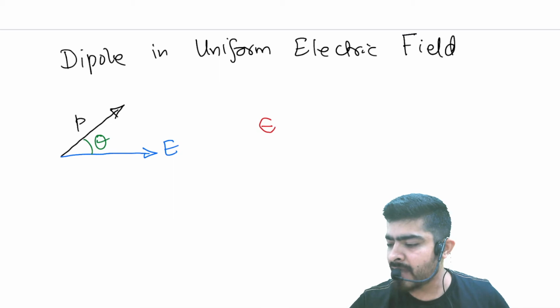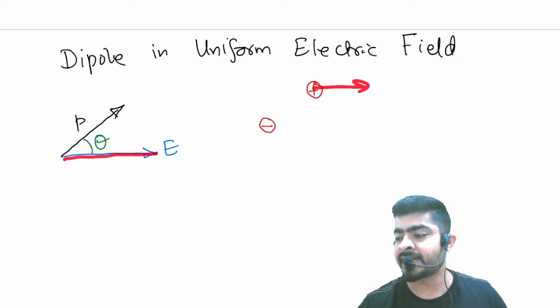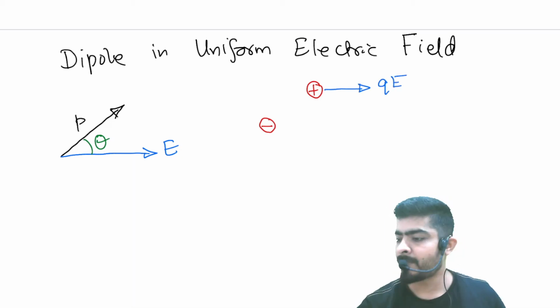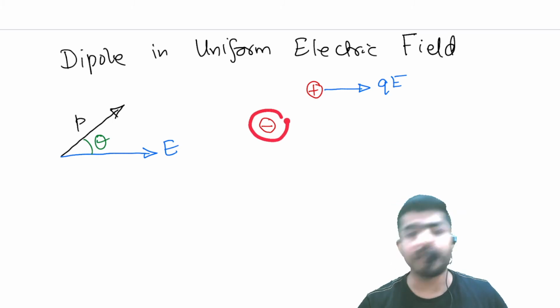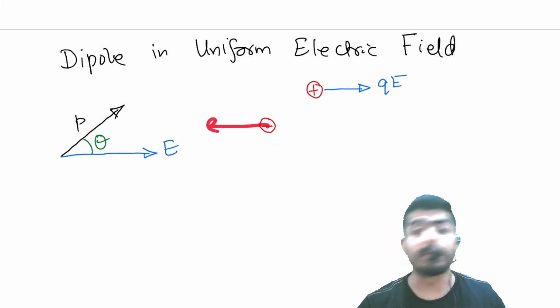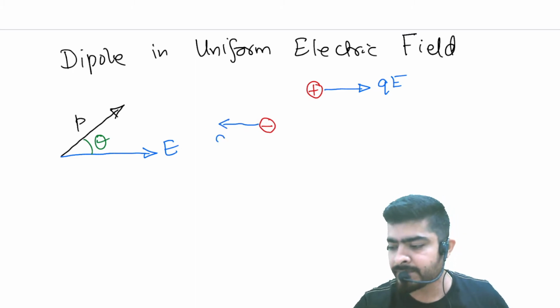So this is your dipole having negative charge, this is your dipole having positive charge. So the electric field will apply force on the positive charge in the same direction, correct? So here I get the force QE. Similarly, for the negative charge, force will be opposite to electric field. So the force over here will be minus QE, or the magnitude will be QE, direction will be opposite.